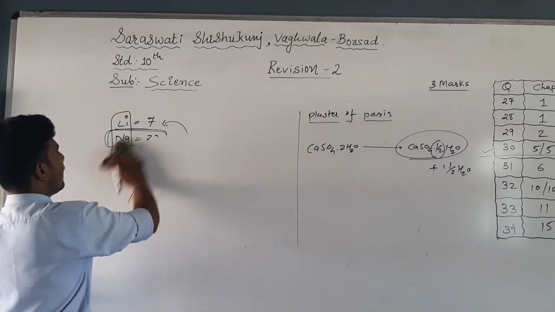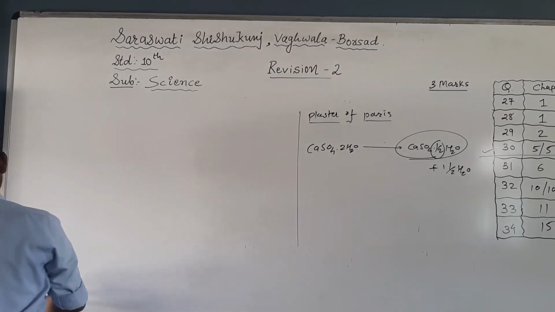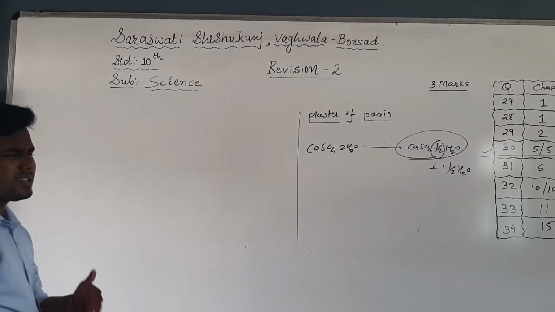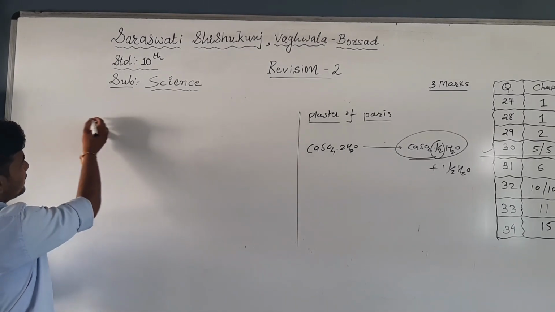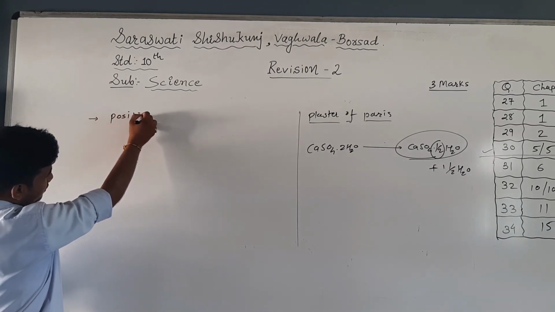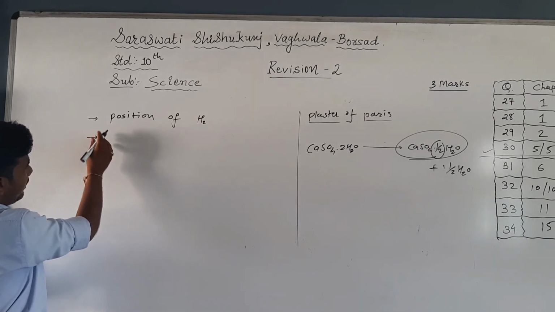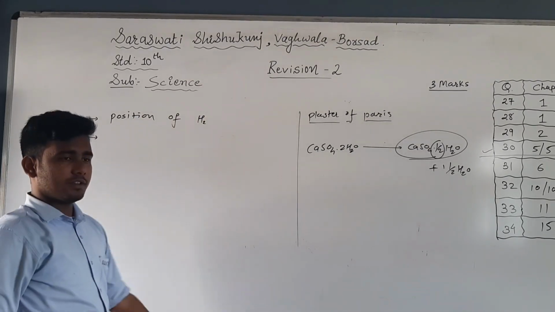So first of all, Mendeleev arranged the elements according to their atomic masses. Okay, so what were the limitations of Mendeleev? First, the position of hydrogen was a limitation.